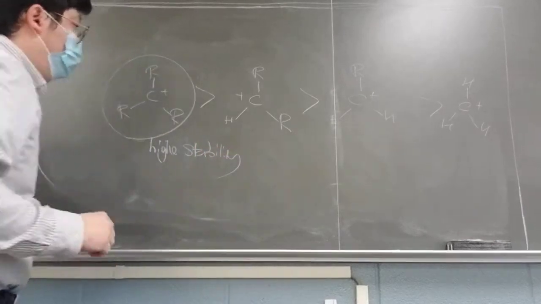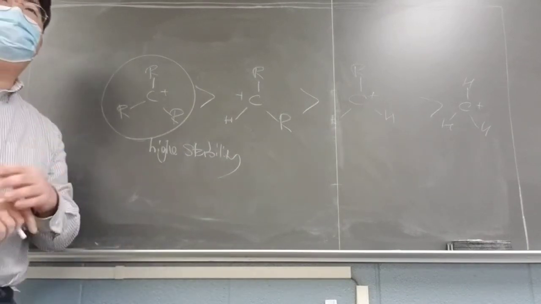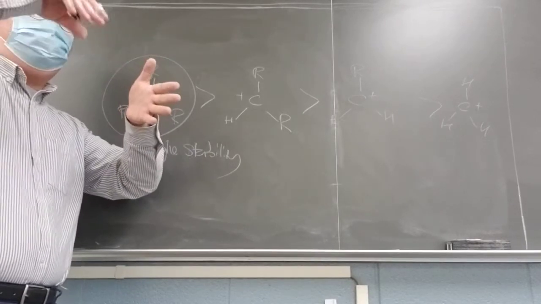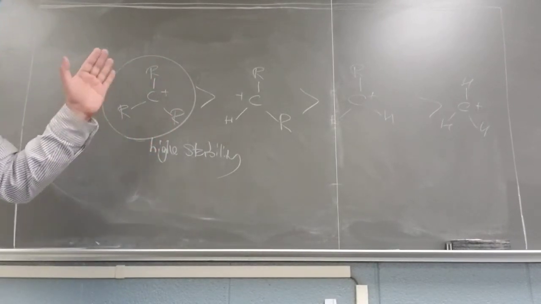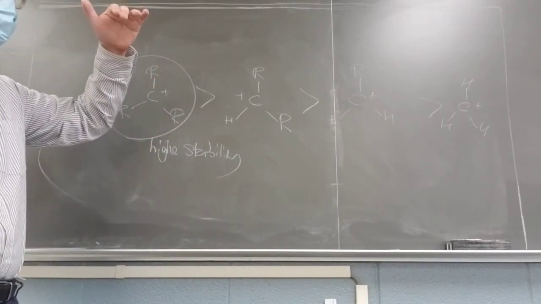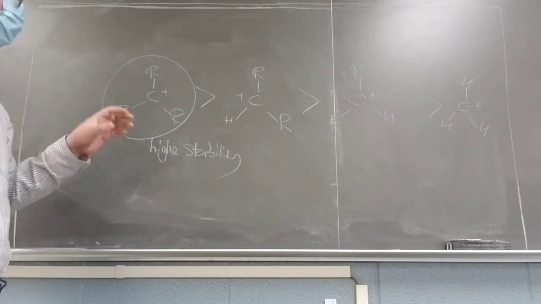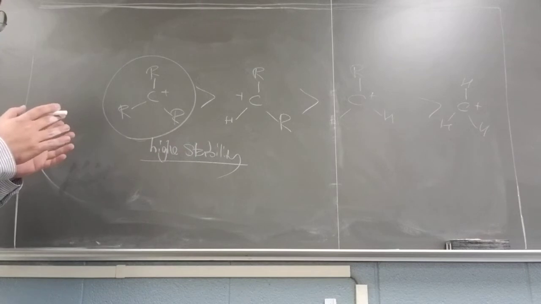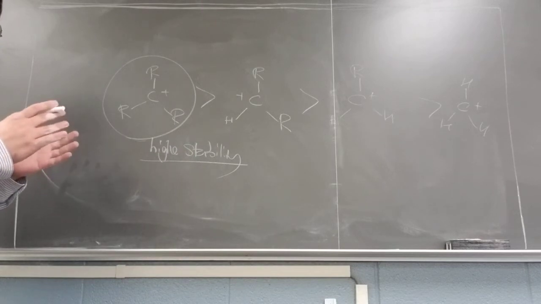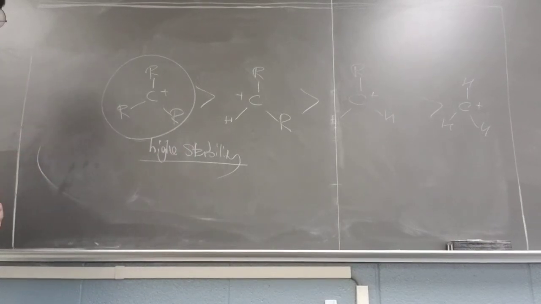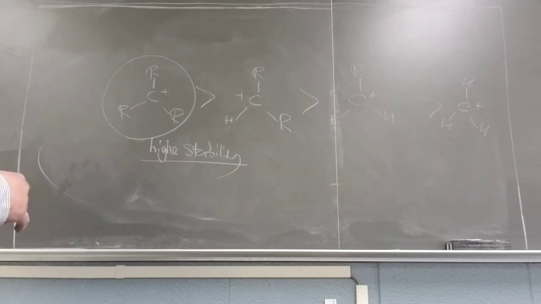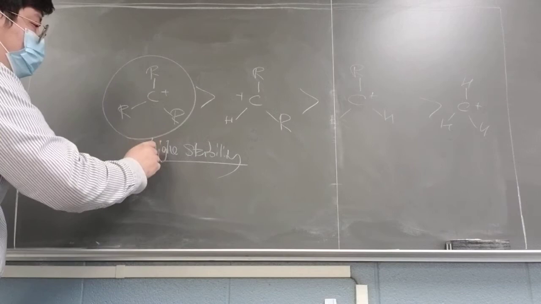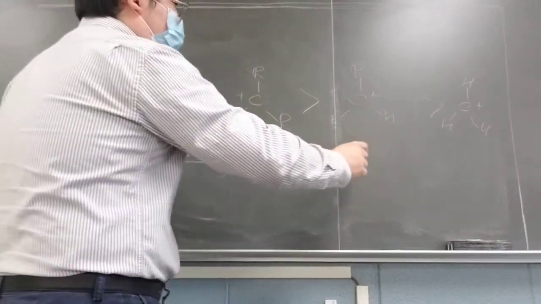If it's happening stepwise, it can stop at a lower energy state. They prefer to be in the more stable form as the intermediate, so they can have another step of the chemical reaction happening next. So I'll explain why this is more stable than those ones.